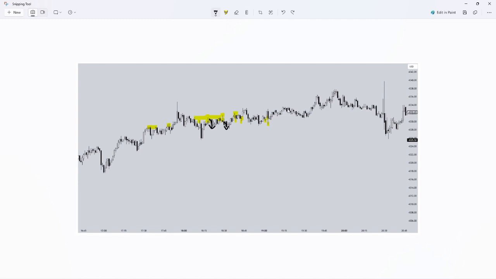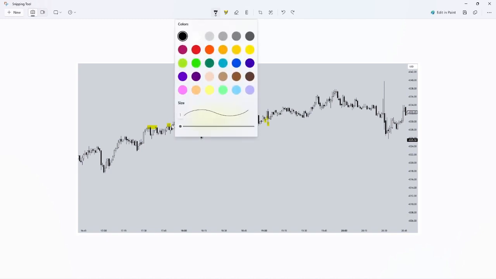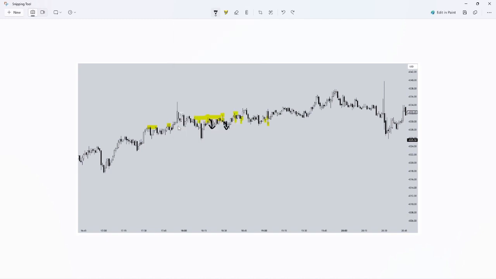Let me see if there's anything a little bit better that we can look at. This is fine. Actually, we'll pretend that this is something, so let's just extend this candle. Let's pretend that this down candle here actually has a wick coming off of it like that.